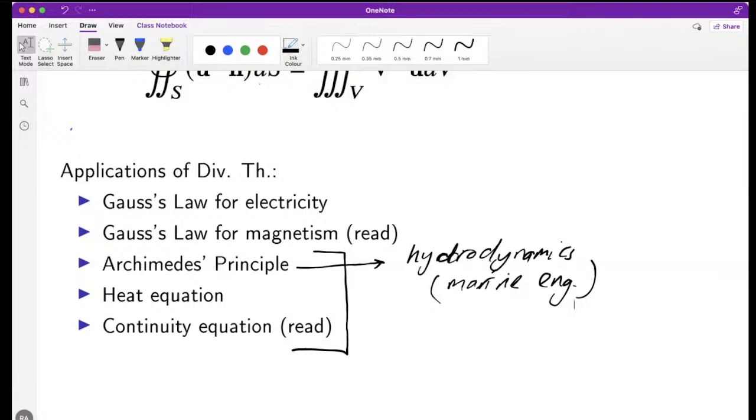Of course, if you build a submarine, we want to make sure that it can be under the sea, or if you build a ship, it will float. So one of the ways is looking at this from the so-called hydrodynamics principle or Archimedes principle.